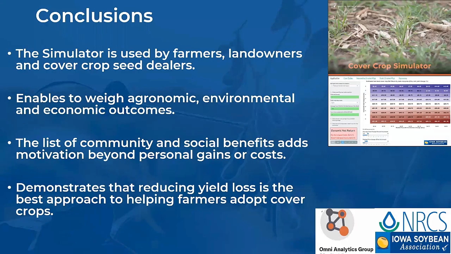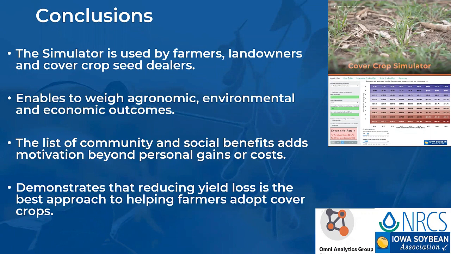So in conclusion, we noticed that farmers started using the tool, especially a couple of cover crop seed dealers, and they use the tool to promote cover crops and for their operation. The value of this simulation is that it allows us to combine agronomic, environmental, and economic outcomes in one place.